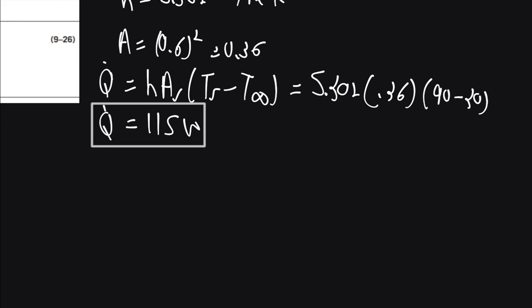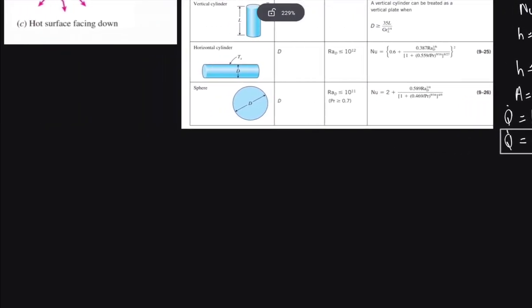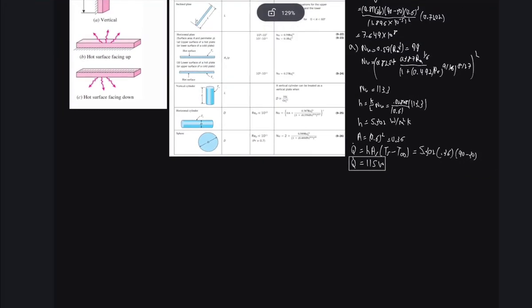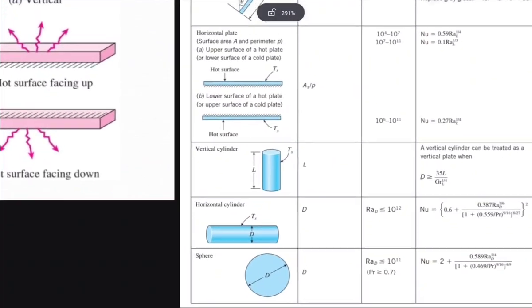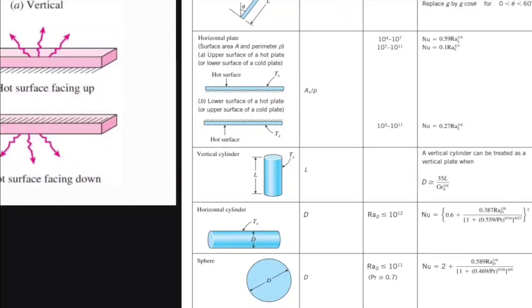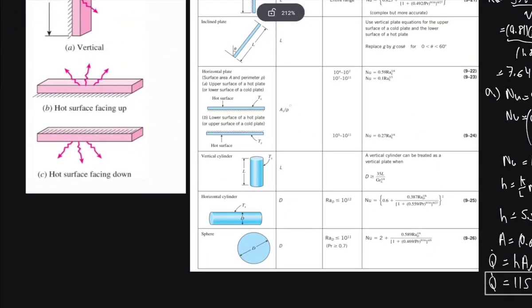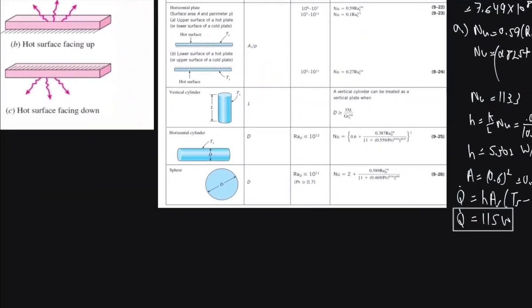And then we have to figure out what Lc is for the hot plate. So we have where the hot surface is either up or down. So the characteristic length, instead of it being L, is actually A_s over P. So the Rayleigh number does change.